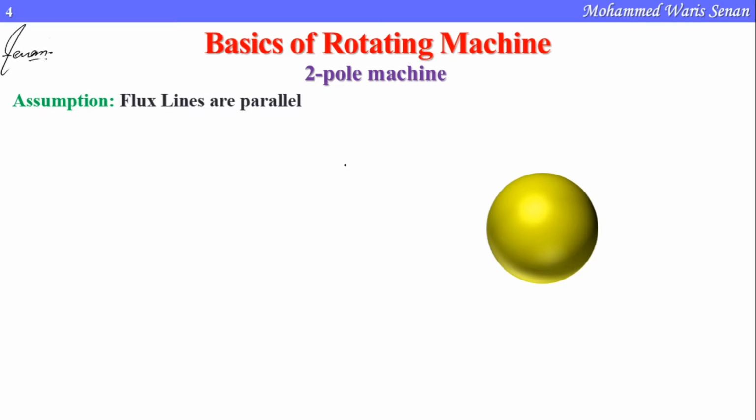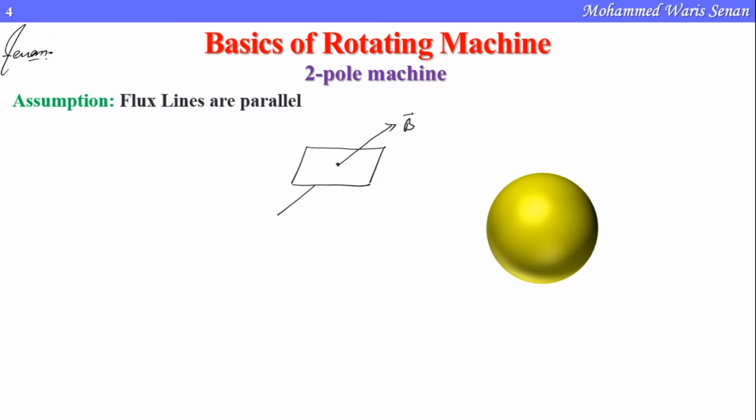Now, the important concept that we are going to discuss here is how we can find the flux linking with the coil, or flux linking with a particular cross-sectional area. Suppose this is the area through which we need to find the flux, and magnetic field lines are crossing this area like this.